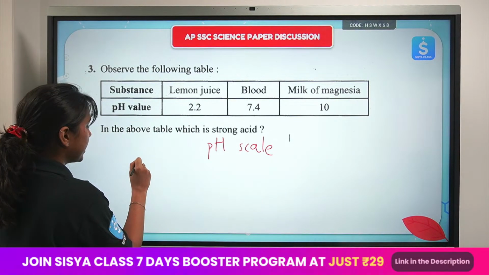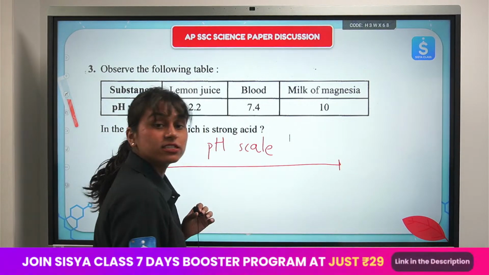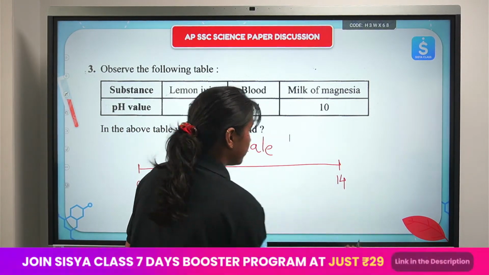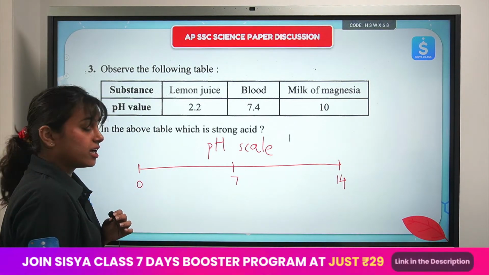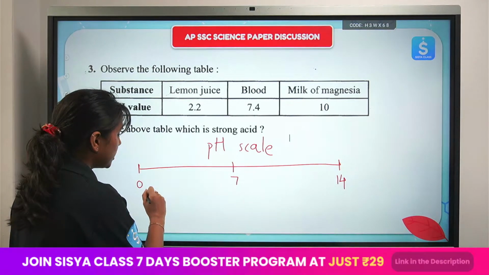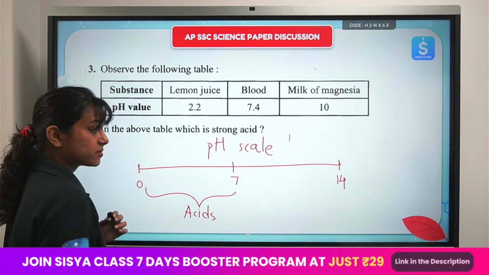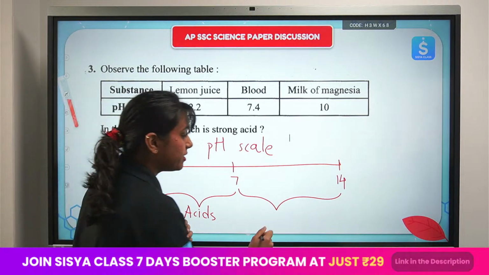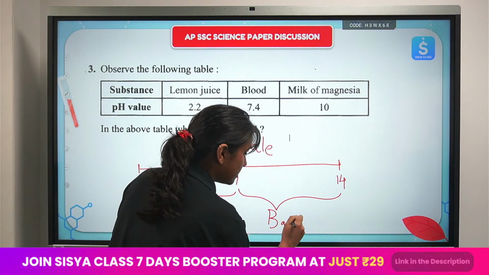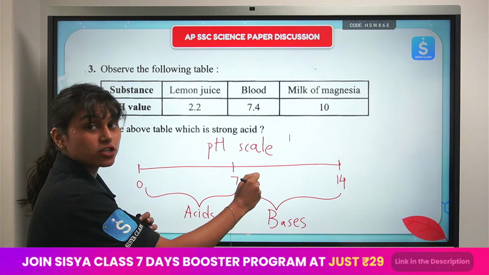In the pH scale, we start with 0 and go all the way to 14, and the center of 0 to 14 is 7. 0 to 7 is our acidic range, where we have acids. From 7 to 14, we have bases, the basic range of the pH.